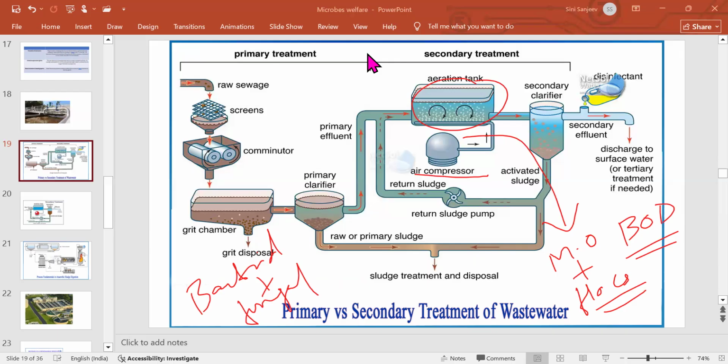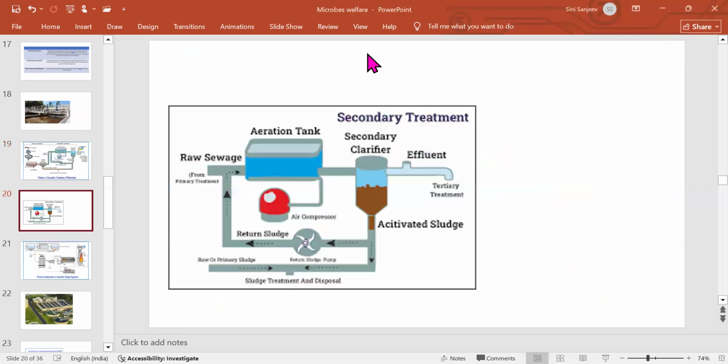So after the BOD has been cleared, next whatever effluent is there is passed to the settling tank. As you can see over here, there is a secondary clarifier. Then the secondary effluent is given to the tertiary treatment if required. So after the reduction of the BOD, it is being transferred into where? The settling tank. So here if you see, the sewage is there, aeration tank, return of the sludge, secondary clarifier, effluent.